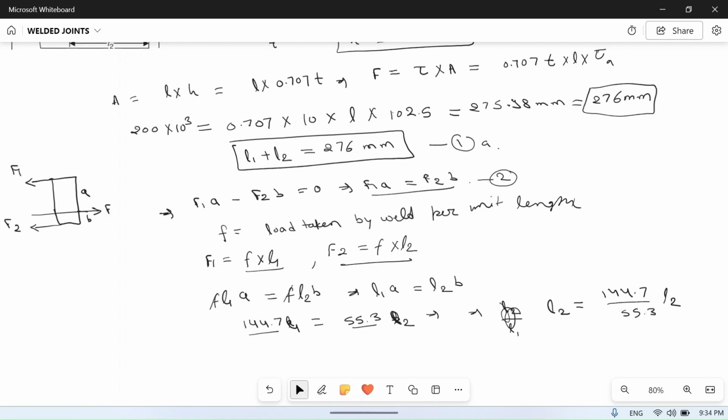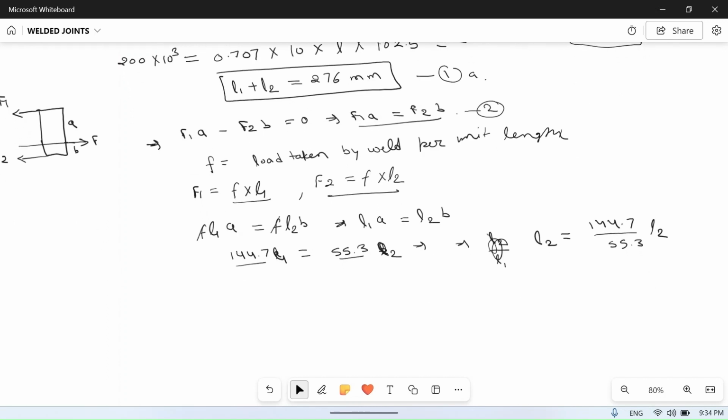So let us divide 144.7 divided by 55.3. So L2 is equal to 2.616 L1. Okay, so this is the relation between L1 and L2.